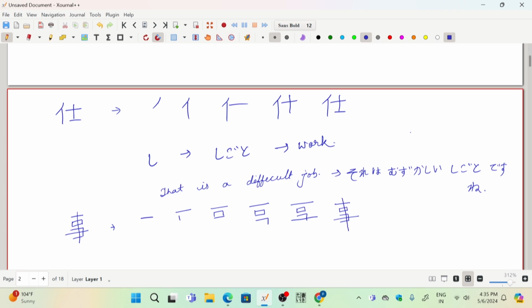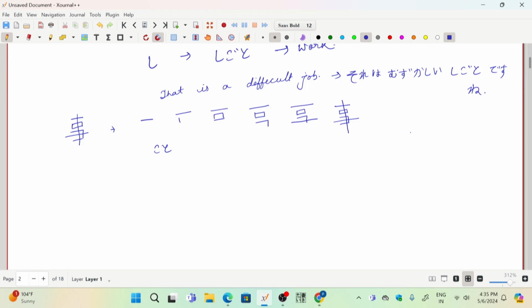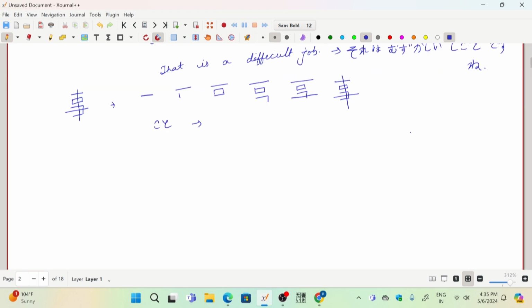So this is how we make the kanji of koto. And this kanji comes with the kanji of shigoto, which means work.